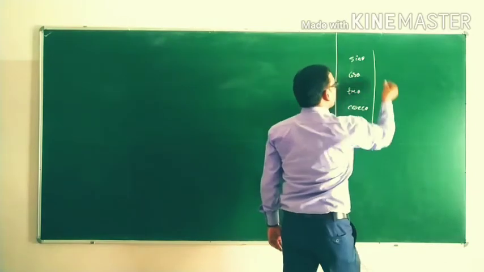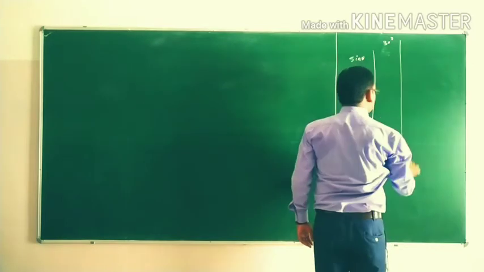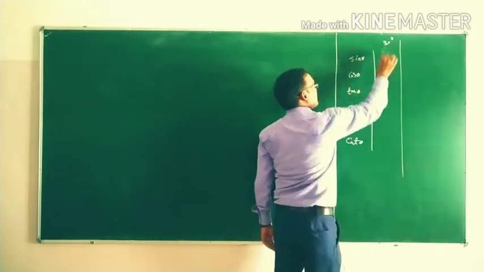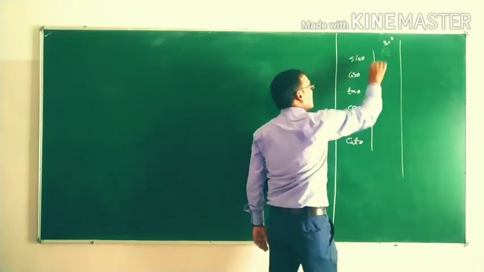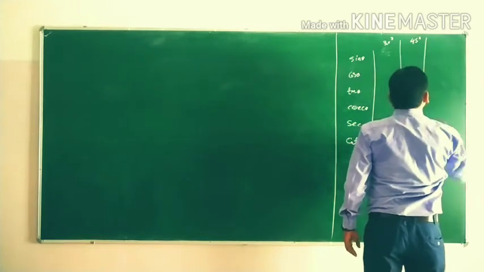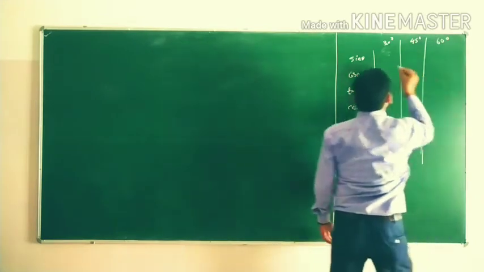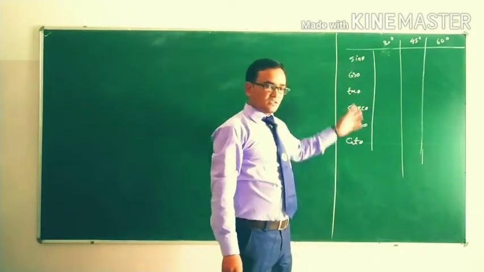The values of sine 30 degree, cos 30 degree, tan 30 degree, cosec 30 degree, sec 30 degree and cot 30 degree, and of 45 degree and 60 degree, we summarize here.